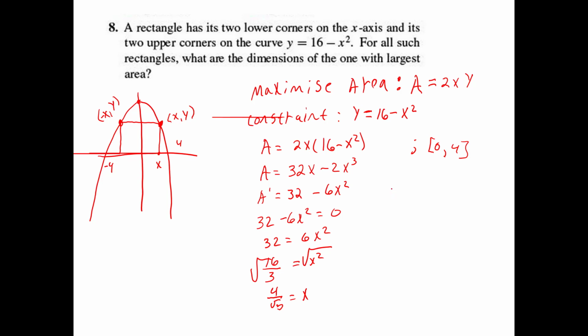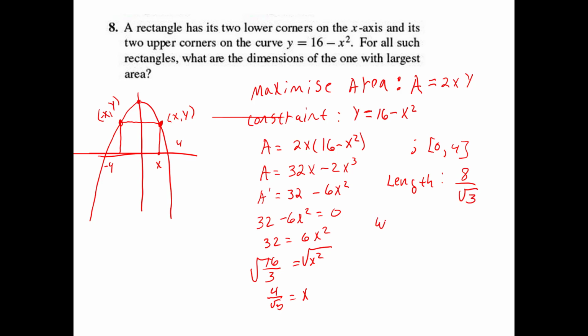So we'll call that the length. A rectangle has a length and a width. The length is 8 over the square root of 3.